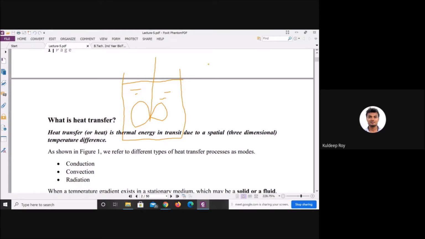Just keep in your mind, if somebody asks for an example of Newtonian fluid, there is water, W-A-T-E-R, and air, A-I-R. Both come into the category of Newtonian fluid.